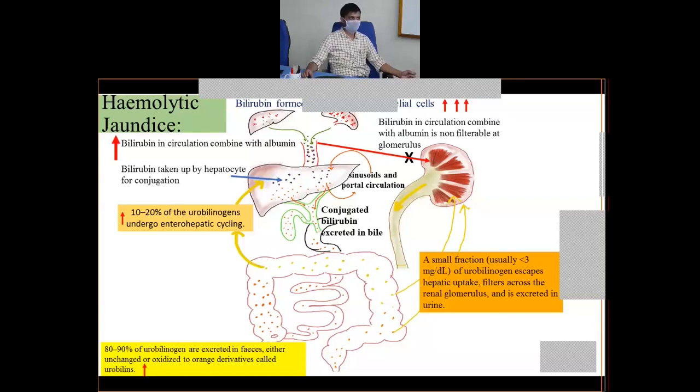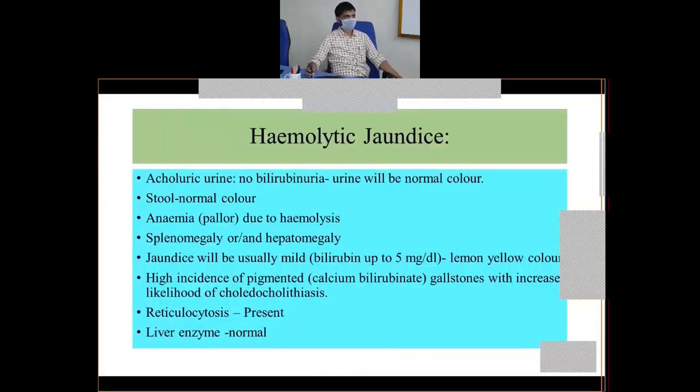So in hemolytic jaundice, all the metabolism is okay, but the excessive amount of bilirubin overwhelms the capacity of the body to handle it, and that is reflected as an increased amount of unconjugated bilirubin in the circulation. It is bound to albumin, and these albumin-bound molecules are not excreted normally in urine, so that's why we have hyperbilirubinemia.